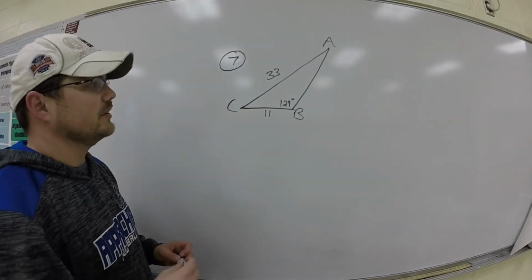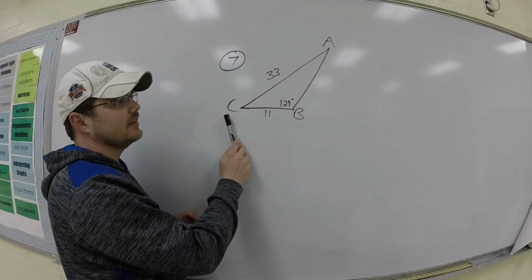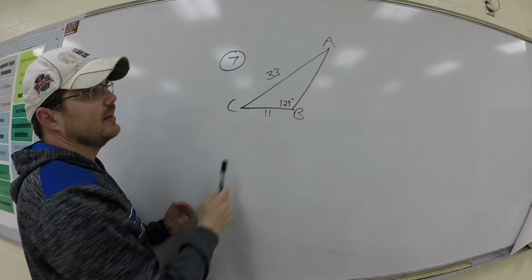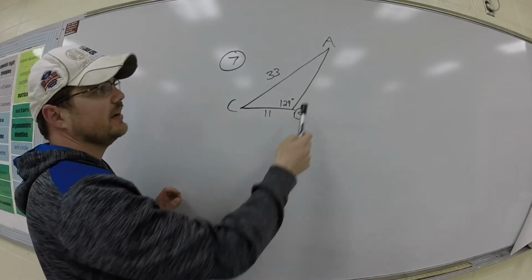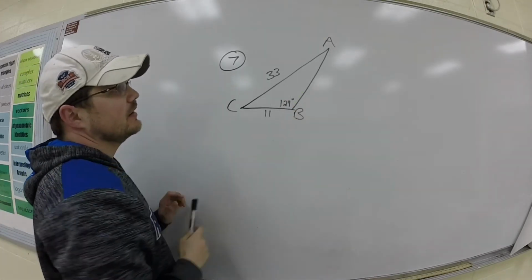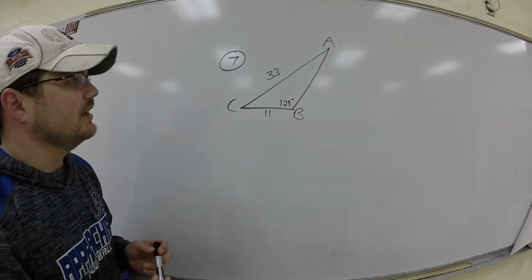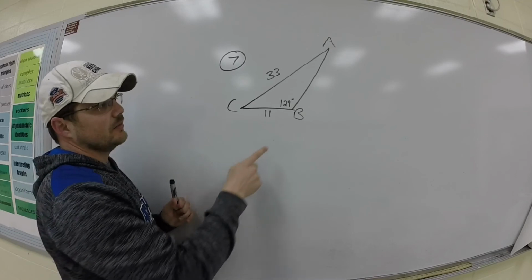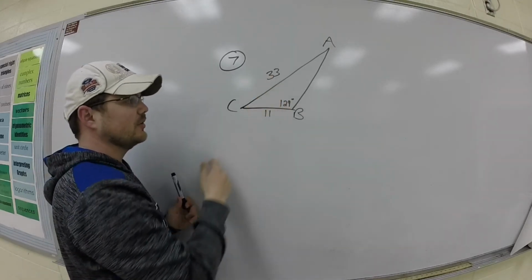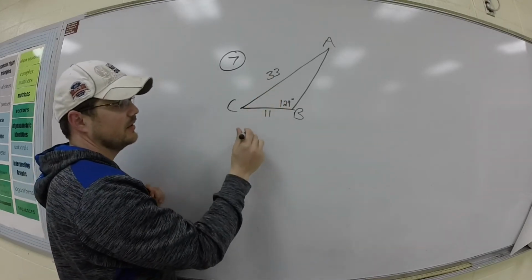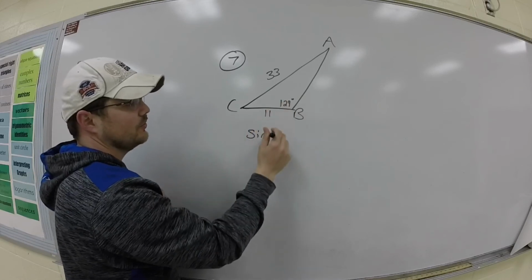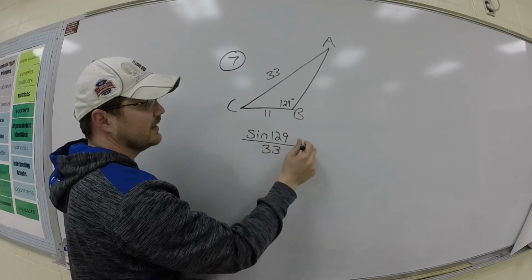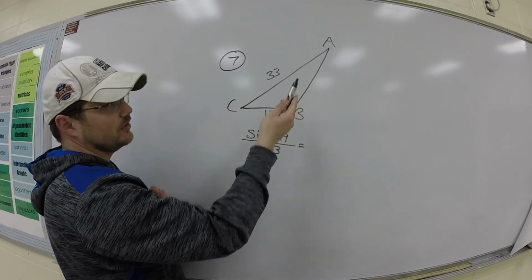Okay, number 7 gives us triangle ABC, gives us side AC, side CB, and angle B, and it wants us to find the measure of angle A. And so first let's see, can we use the law of sines? Yes, we have this angle and a side across from it, so let's do law of sines. So sine of the angle, 129, over its opposite side of 33 equals sine of another angle over its opposite side.